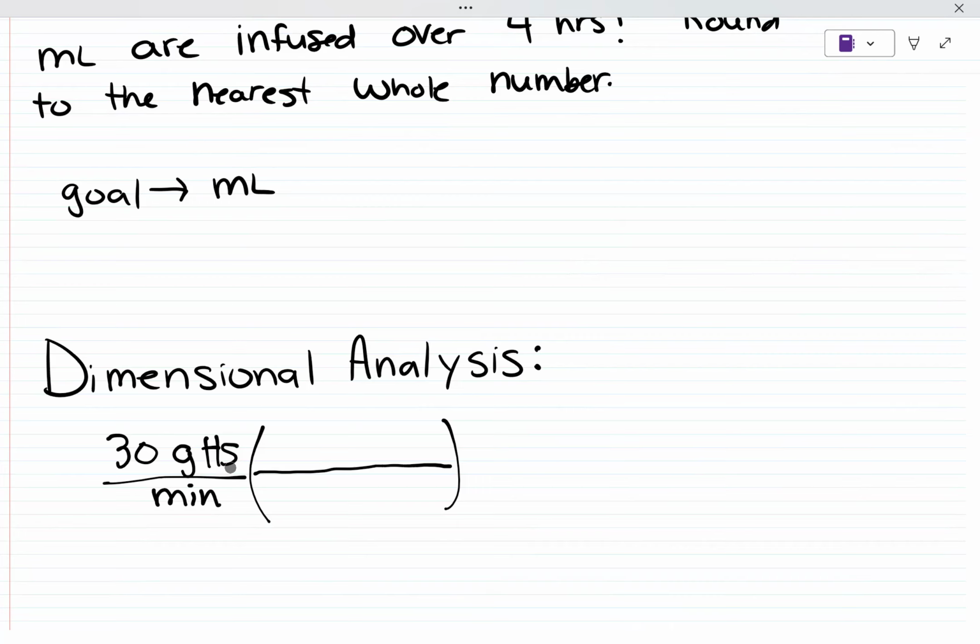What do they tell us? They tell us the drop factor is 10 drops per milliliter. Should I leave it like that or flip it? I should flip it, right? I want to get rid of the drops. The only way to get rid of the drops is to put 10 drops on the bottom and 1 milliliter on the top.